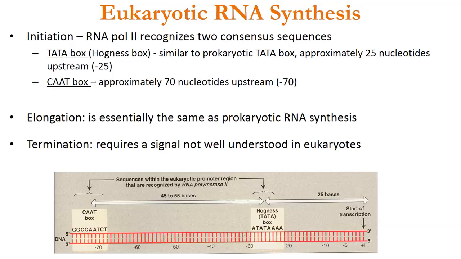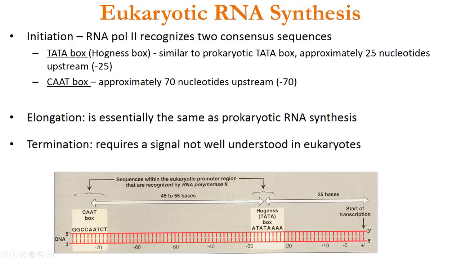It is going to have a whole bunch of transcription factors, and some of those we're going to talk about tomorrow, I believe. So it's not completely by itself. There are other things involved, but it doesn't have the sigma factor. So the RNA polymerase 2, which transcribes messenger RNAs, along with some of the transcription factors we'll talk about tomorrow, are going to recognize consensus sequences in the promoter.